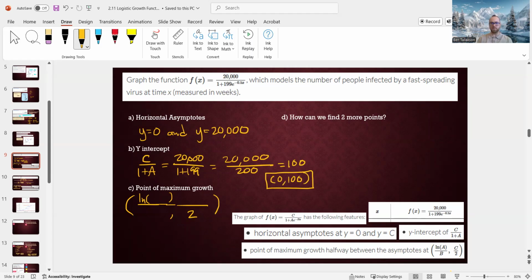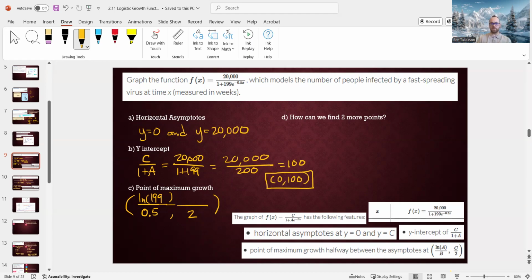A is the 199 next to the e. Below that, we have B. B is in the exponent. And remember, that's a tricky guy. If you see minus, it's actually positive. The minus sign is rubbing off on him.